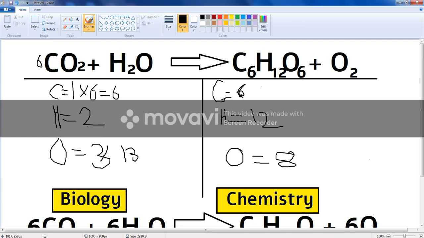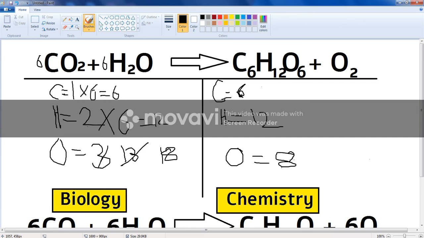Then for hydrogen, here it is 2 and here it is 12. To make this 2 as 12, we can multiply it by 6 again and it will become 12. And as we have multiplied by 6, we have to write 6 here. Then after this, this 13 will become 18.